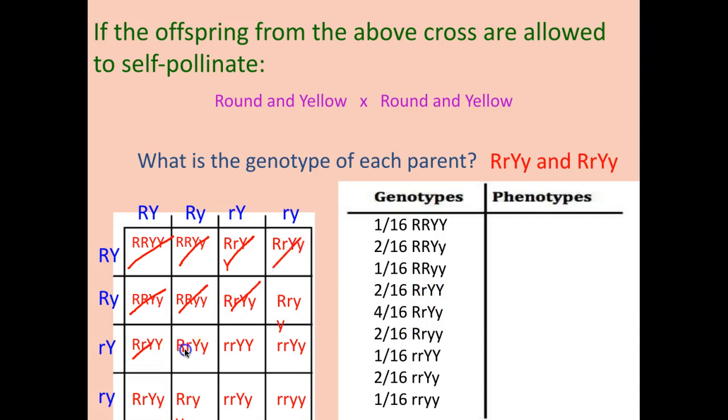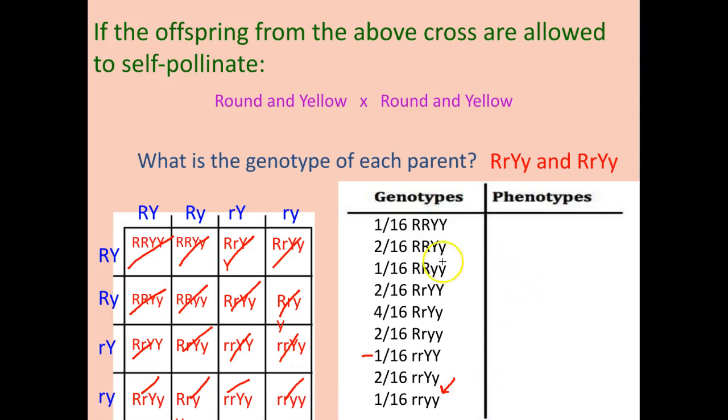Boom, boom, boom, and there, you can't hardly see it. Sorry, I don't know how to hide this. Big R, little r, big Y, or little y, I'm sorry, there and there. Then we have this one, there, and last is 1/16. 1 out of 16 is recessive.